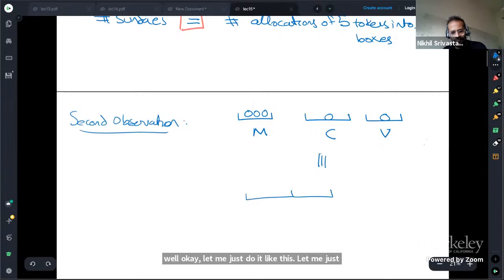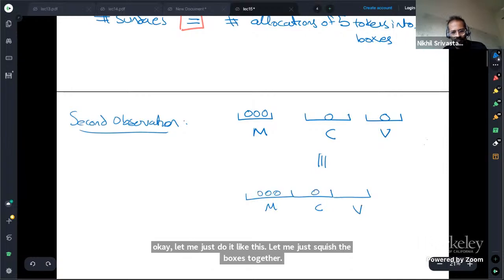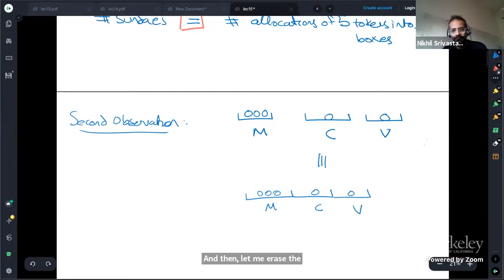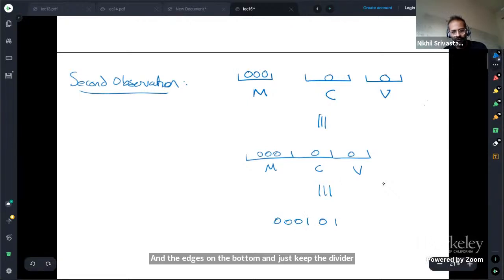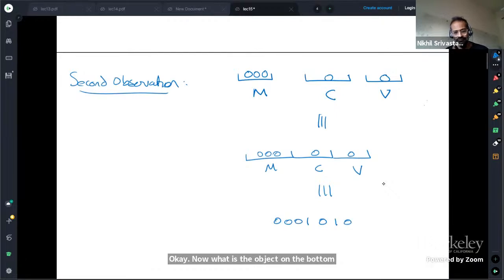Let me just squish the boxes together. And then let me erase the edges on the side, and the edges on the bottom, and just keep the dividers. Okay. Now, what is the object on the bottom?